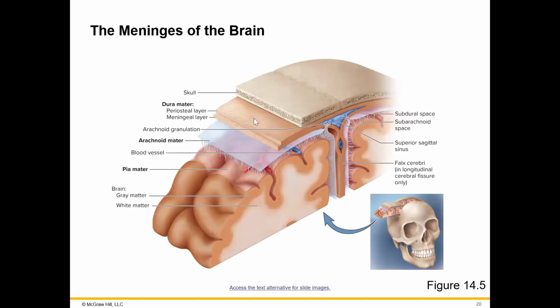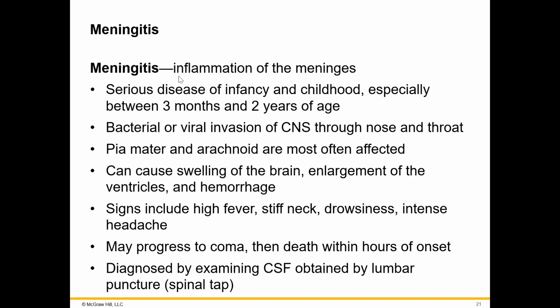You have the skull, then you have your dura mater made up of a periosteal layer, then a meningeal layer, and finally you have an arachnoid mater. This arachnoid mater, right below it, is your pia mater.